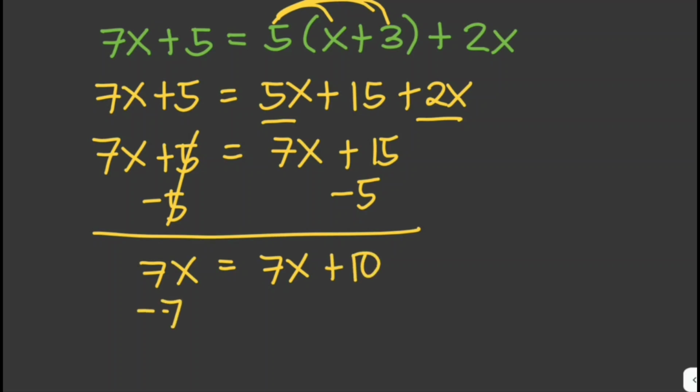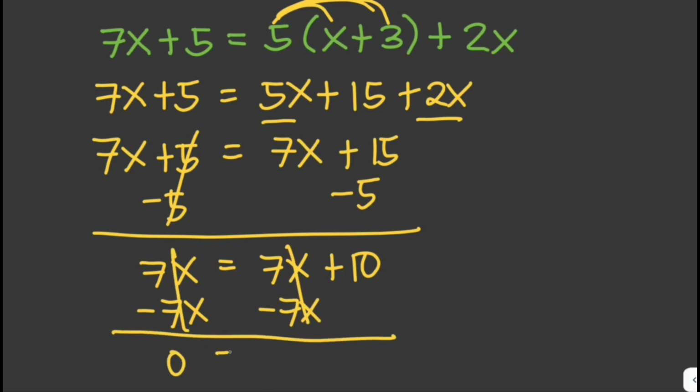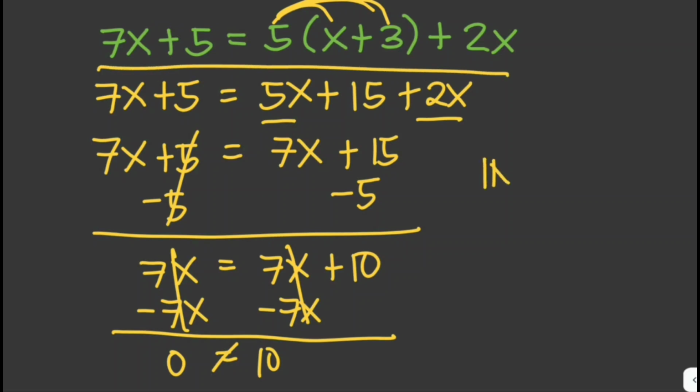And then we subtract 7x from both sides. So this is 0. This is 10. So the result is 0 equals 10, which are not equal. The number on the left is not equal to the number on the right. Therefore, this equation here has no solution, and this equation is inconsistent.